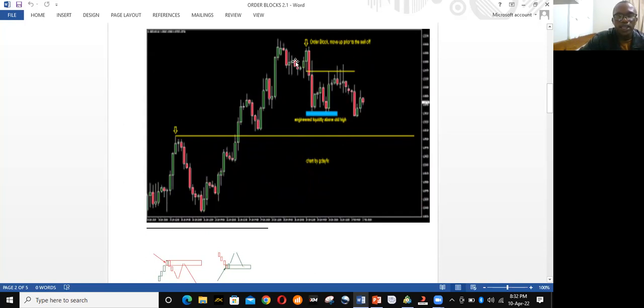You see here, the market comes along this way, upwards, and here, boom, here is an engulfing, a bearish candlestick, and the momentum favored our order block. Because we know that before you enter, you must know where the support and resistance levels are. When you enter here, you already know that your take profit will be here below. That's the major support level.